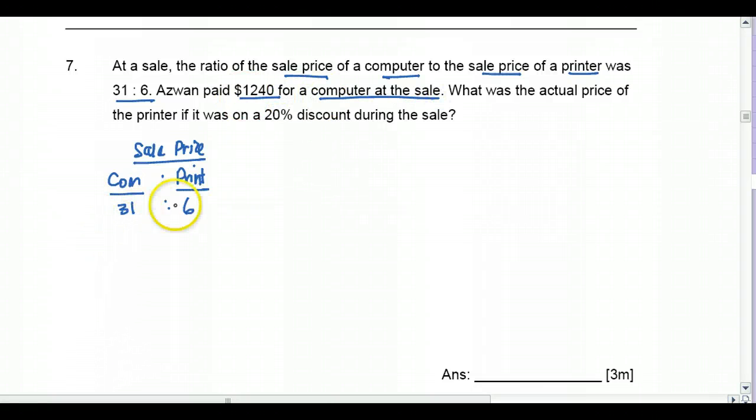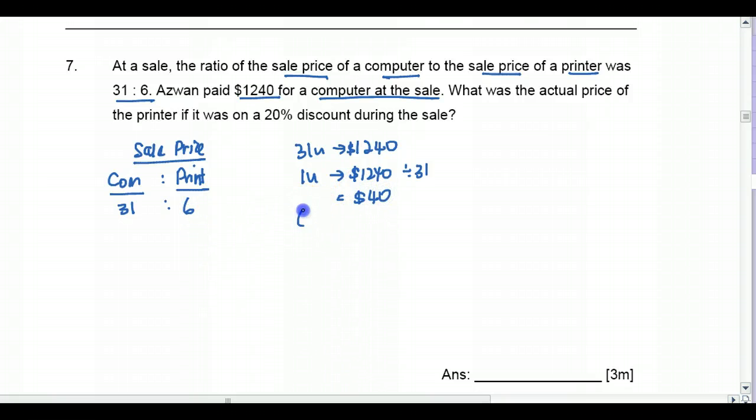So computer, he paid $1,240. So now 31 units is $1,240. 1 unit will be 1,240 divided by 31, which will give me $40.